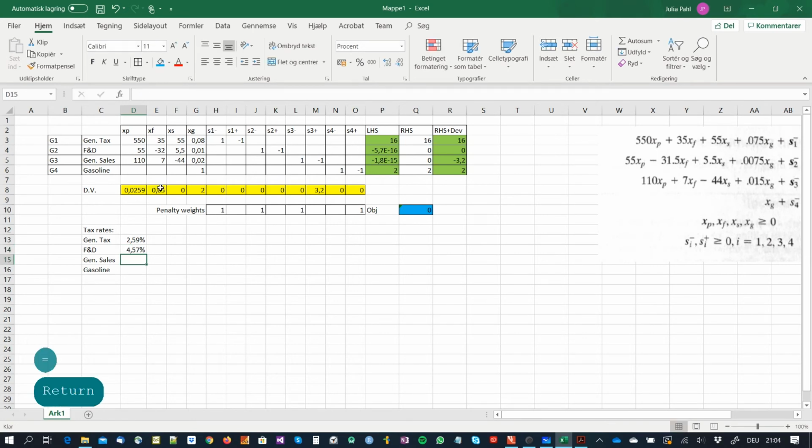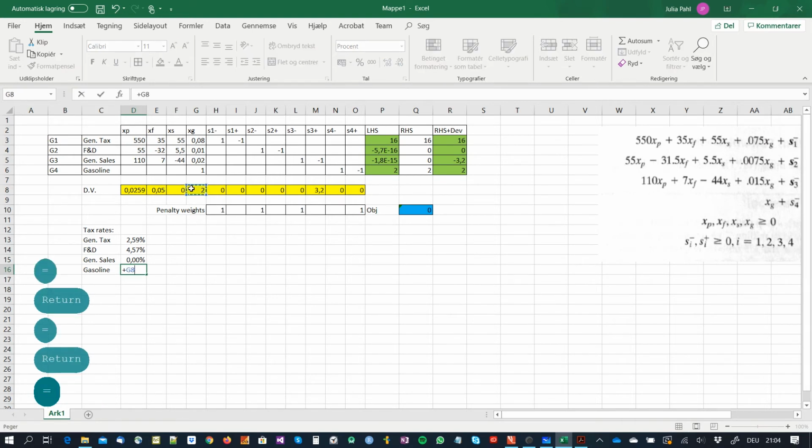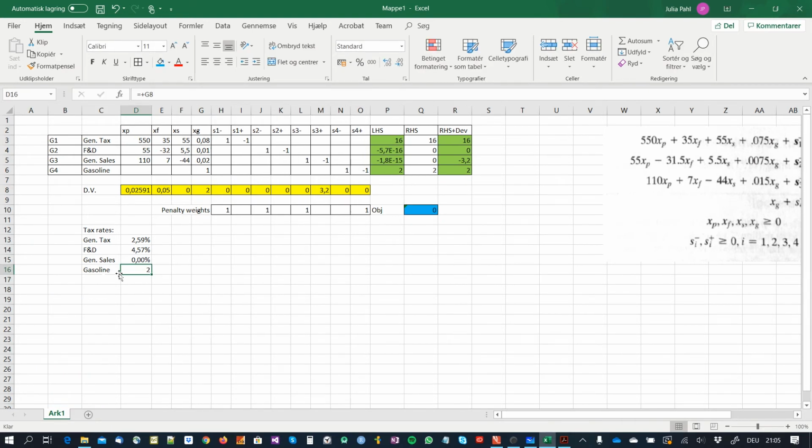So our results are that the rate for the last one was that the gallon gasoline should not exceed 2 cents. So this is not expressed in percentage, of course, but the general tax for the country or for the city should be 2.59% for general taxes.